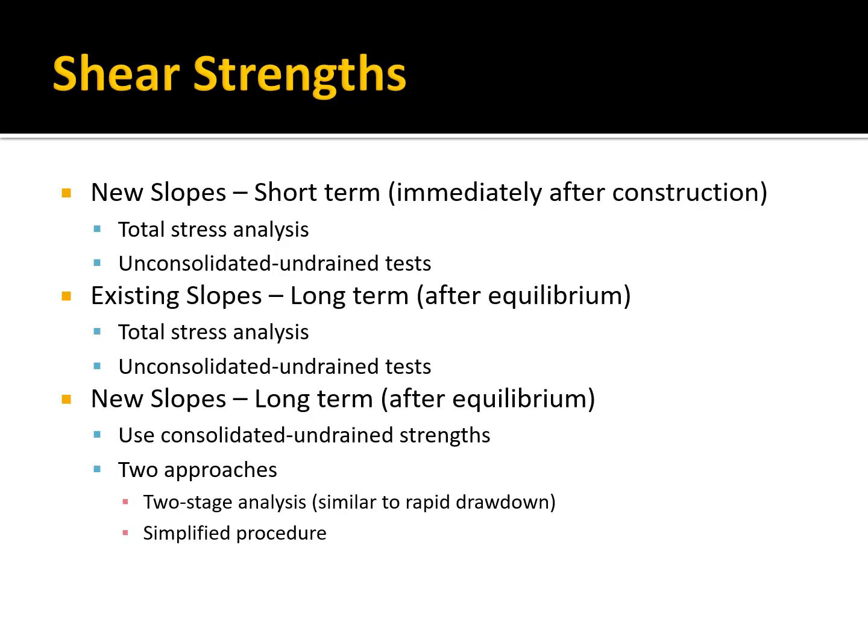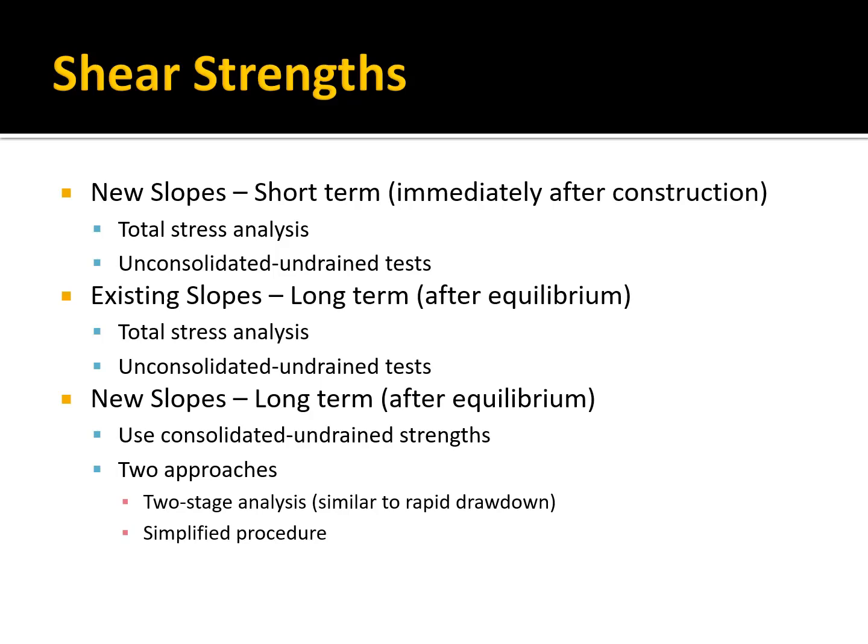Okay, what kind of shear strengths do we use? If you have a new slope and you're expecting an earthquake shortly after construction, you do a total stress analysis with unconsolidated undrained tests. If you have an existing slope, meaning a natural slope, and it's a long time after it's come to equilibrium, then again we use a total stress analysis and unconsolidated undrained tests.